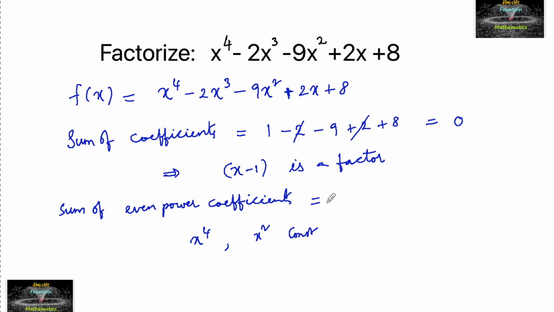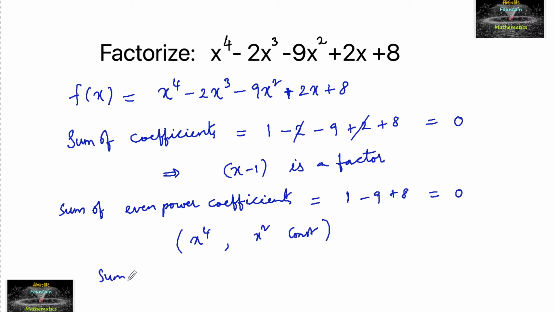The constant we can also write as x power 0. The x power 4 coefficient is 1, the x square coefficient is minus 9, and the constant is plus 8. So 1 minus 9 plus 8 is 0.